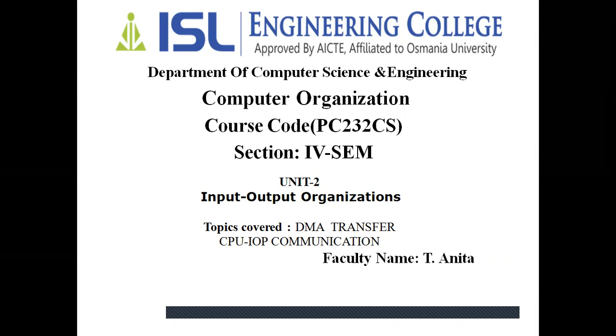What do you mean by DMA? In short, without the intervention of the CPU, we can directly transfer our data between the memory and the IO devices. That is the main motto of using DMA. Why? Because when we transfer a bulk amount of data, if we involve the CPU, it will take much time.